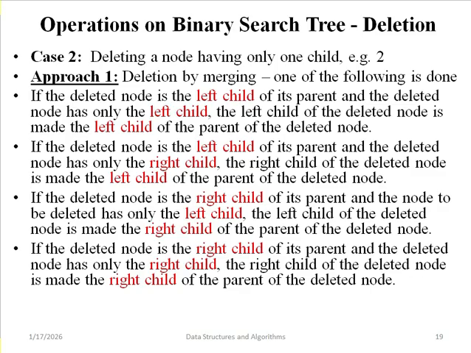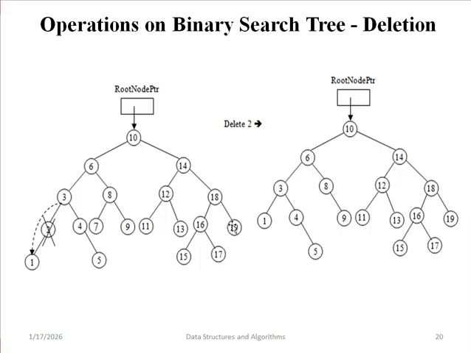But if we are deleting a node that is having one child, what can we do here? For example, if we want to remove node 2, it is having the left child.